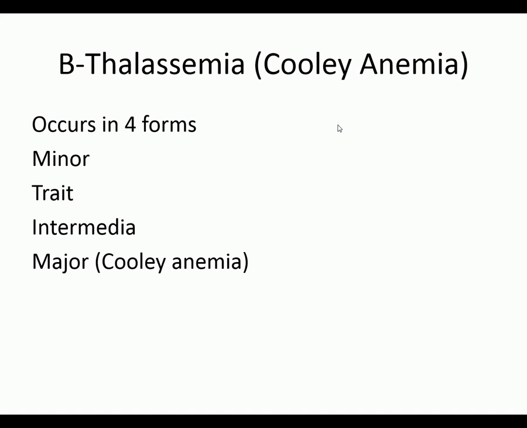The gamma chains usually are inactivated, but in the case of thalassemia, they remain activated and they cause a defective hemoglobin formation. The polypeptides are very unstable, and when it disintegrates, it damages the red blood cells, causing severe anemia.